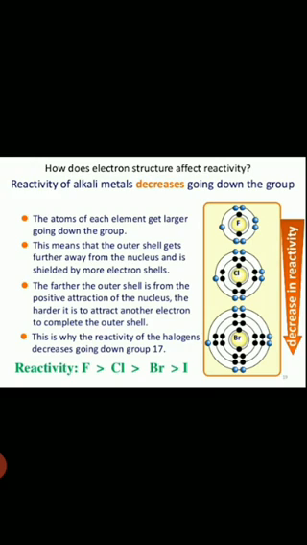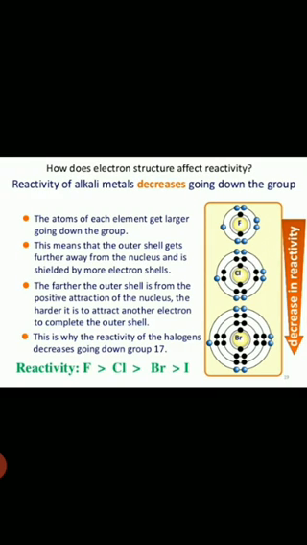Now, how does the electron structure affect the reactivity? The reactivity decreases down the group. The atom of each element gets larger down the group, right? This means the outer shell gets farther away from the nucleus and is shielded by more electron shells. The farther the outermost shell is from the attraction of the nucleus, the easier it is to remove an electron from the outer shell.